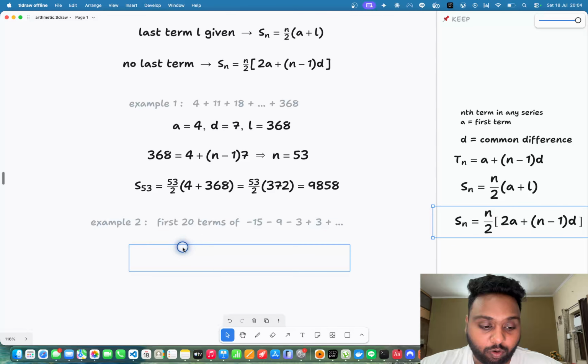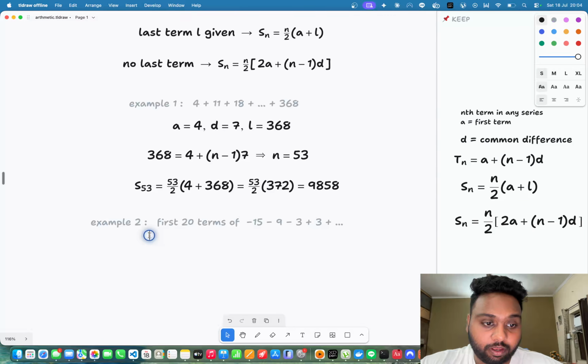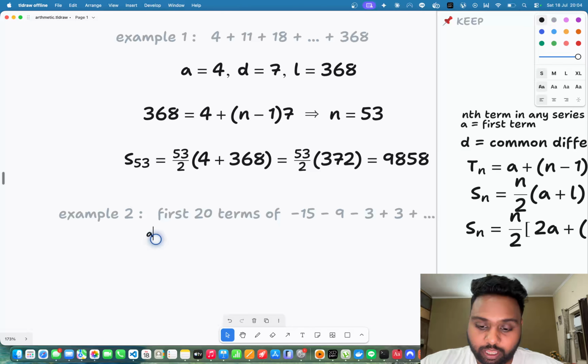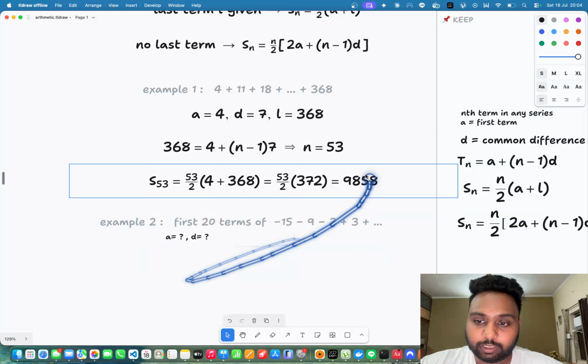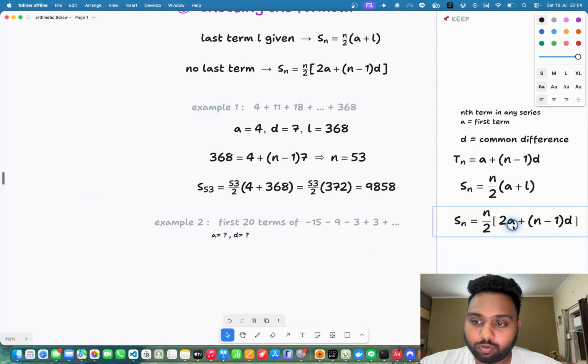Write down what A is equal to. Write down what D is equal to, and then substitute these values.